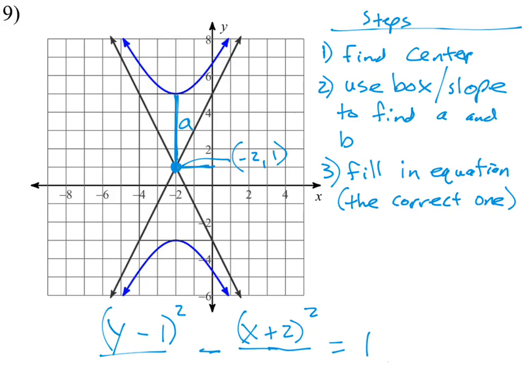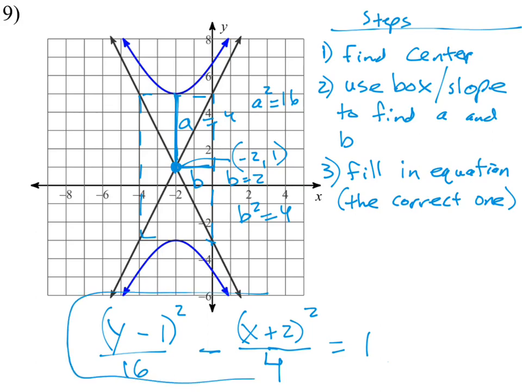And then our horizontal distance here for our box is going to be your b value. So a is 4, which means a squared is going to be 16. Our b is 2, which means b squared is going to be 4. So b squared goes under the x part, a squared goes under the y part, and voila, we have our equation. So it's a bit faster to go backwards than actually graph it, but there you go.